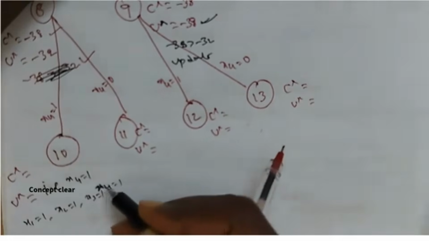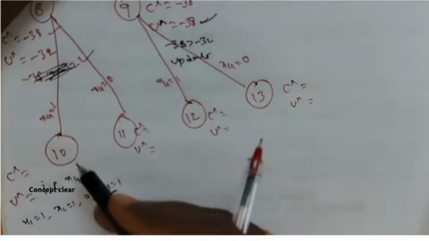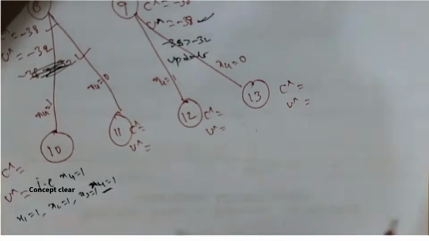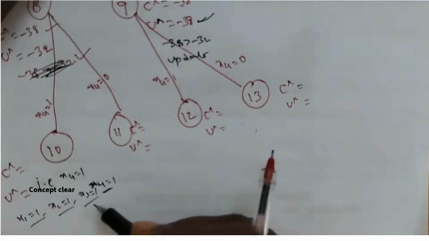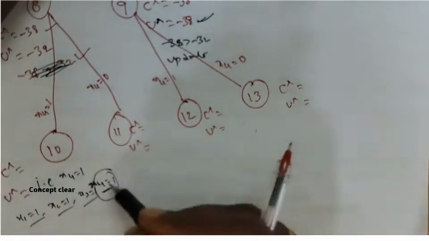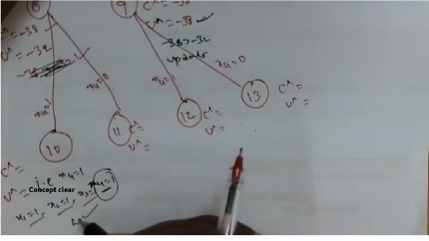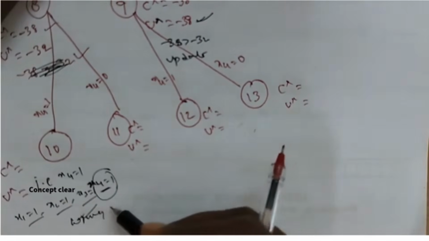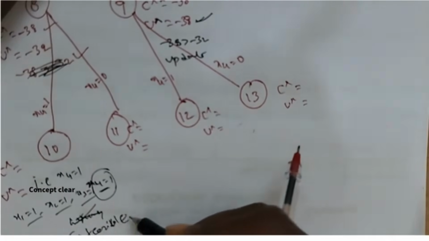It means x4 should be placed mandatory. But before values are what? x1 will be filled, x2 is filled, x3 also filled. Is it possible? It is not possible. So it is infeasible. The 10th node is infeasible.